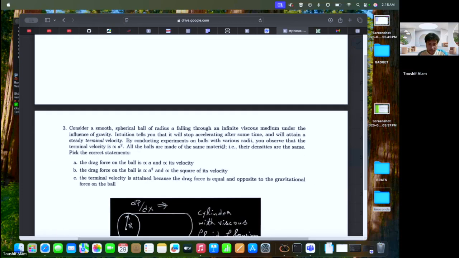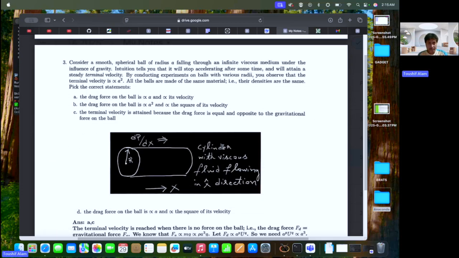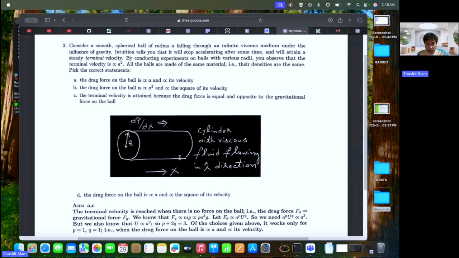So as you can see in the diagram, a cylinder with viscous fluid flowing in the positive direction. The terminal velocity is reached when there is no net force. Obviously, the drag force Fd is equal to the gravitational force Fg. The gravitational force is mg, which is proportional to rho a cubed g.